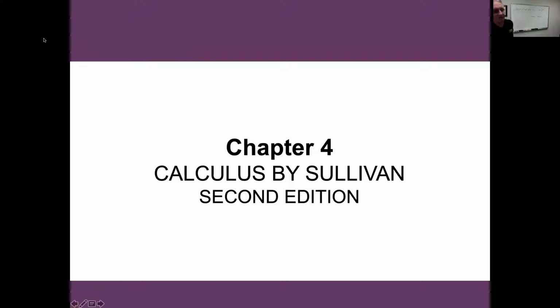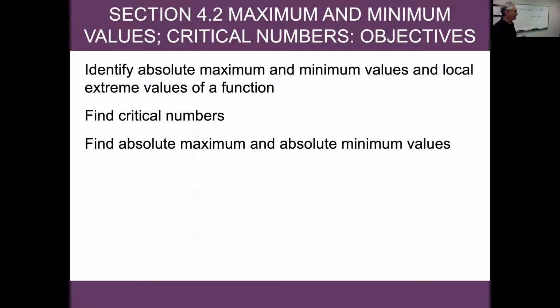So we're starting into chapter 4 from the text, all right? And the first thing we're going to be talking about, this is section 4.2, maximum and minimum values, critical numbers, and those are the two key concepts. And so the first thing we're going to do is identify what absolute maximum and minimum values are, and what local, they use the word extreme, but they're just saying the same thing, local maximum and minimum values.